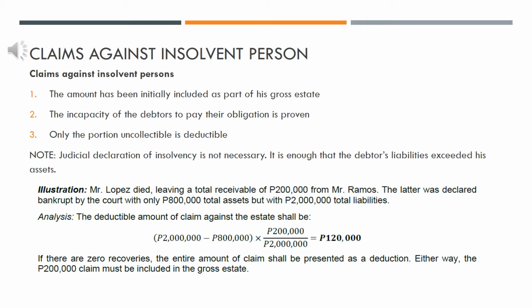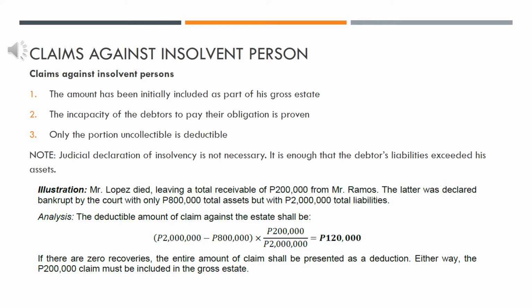It could be the government for unpaid taxes or unpaid secured mortgage loan, and the balance of cash proceeds will be used to pay the ordinary creditors. So in order that claims of the deceased person against an insolvent person may be deducted from the gross estate, it is essential that the amount of the said claims has been initially included as part of the gross estate.